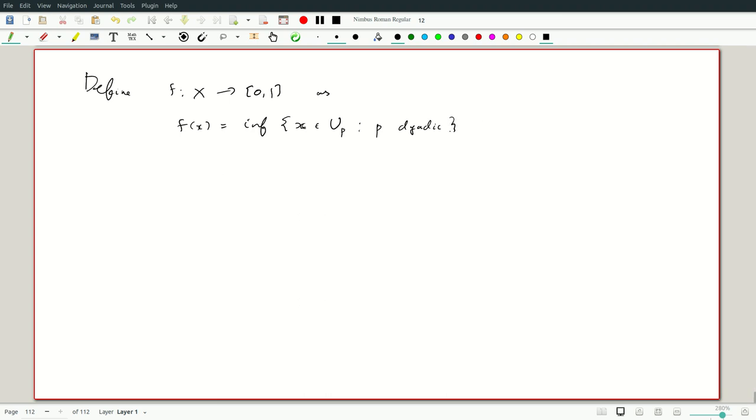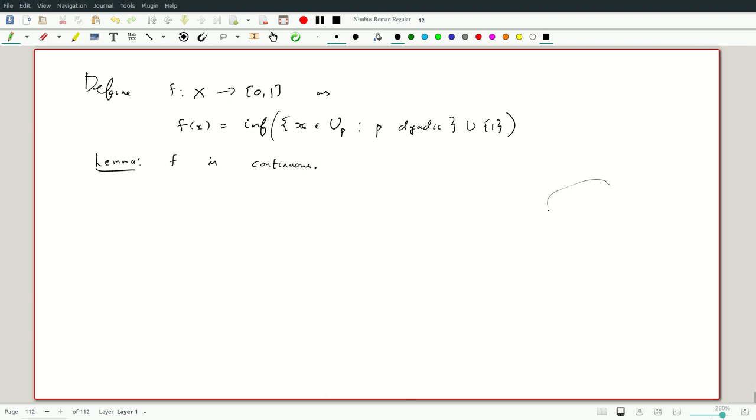Well, there's a problem. Otherwise, you could be in 1 itself. So I'll just add the point 1. So if it's in none of the sets, it gets the value 1. Otherwise, if it's in some U_p, then it gets the value p, dyadic. And the lemma is that f is continuous.